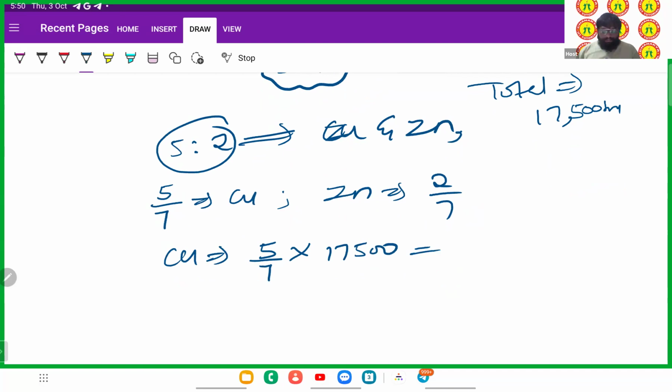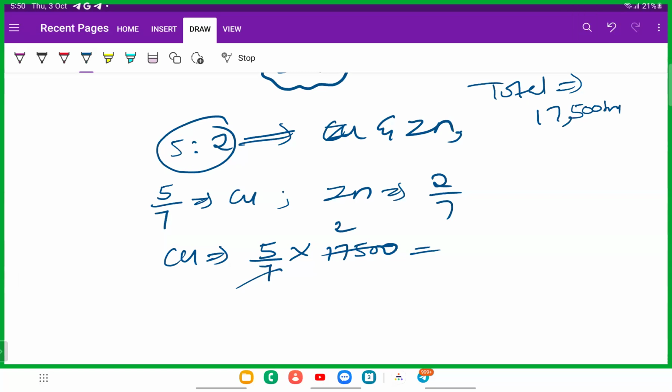Please calculate. 7 twos are 14, and it sums up to 12,500.